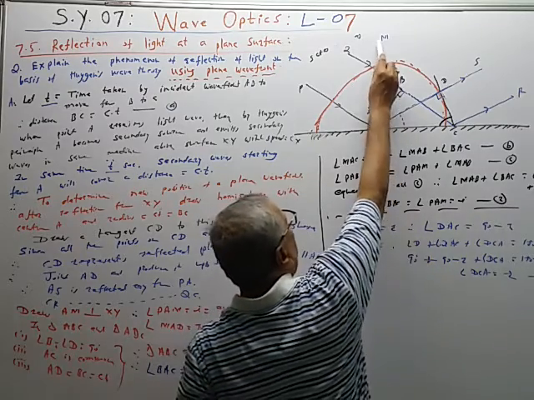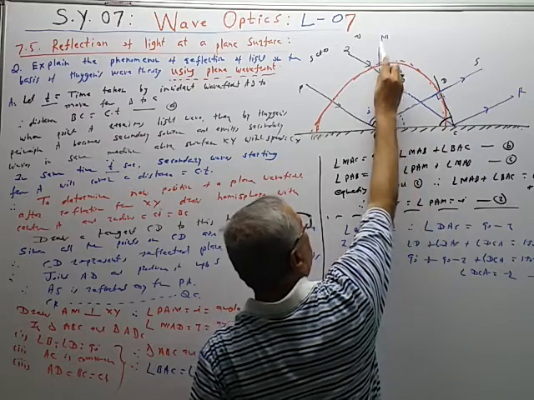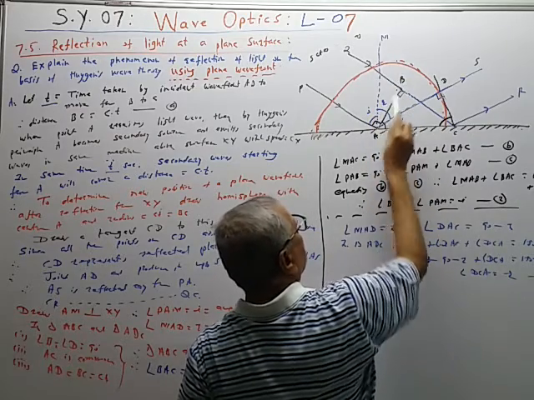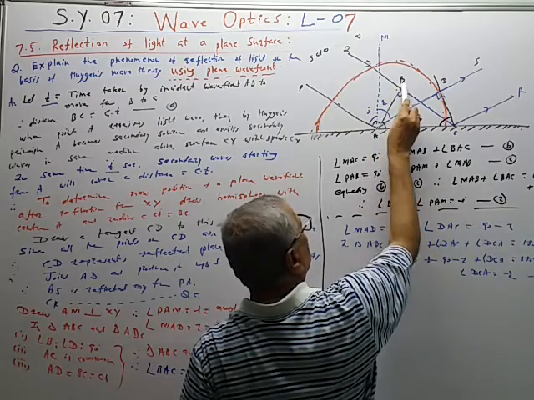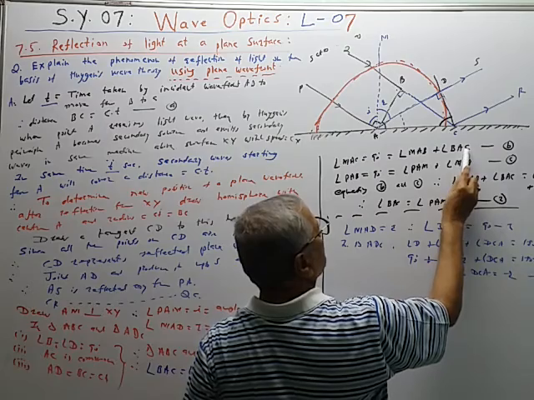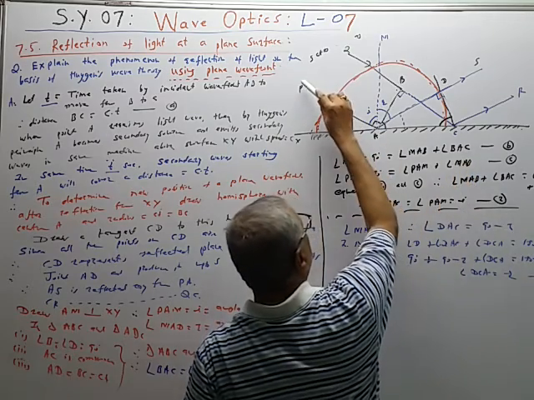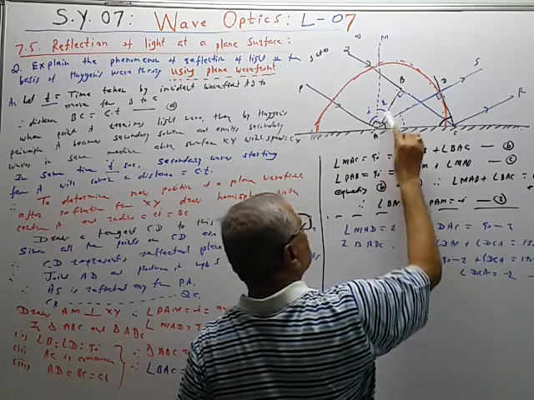But to prove this BAC is equal to I: this MAC is equal to 90 degree, but it is the sum of two angles. One is MAB and another is BAC. MAB plus BAC, like this. This is one equation. Now this angle PAB is also 90 degree, because this is a wave normal, this is a wavefront.